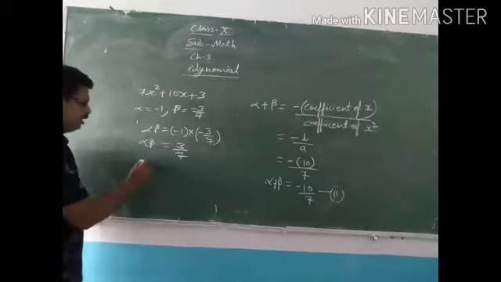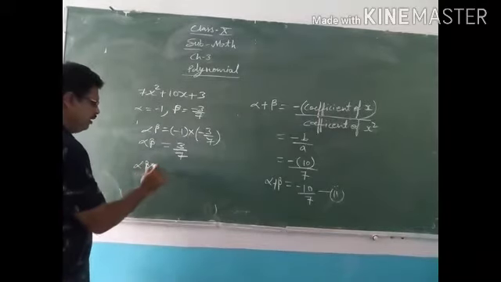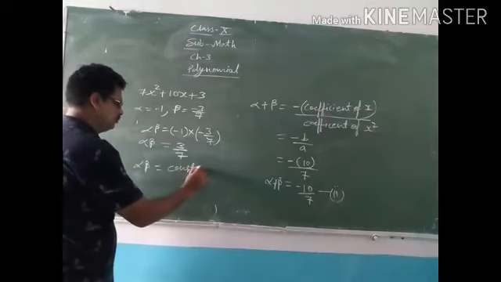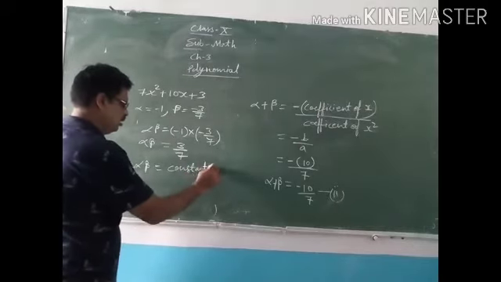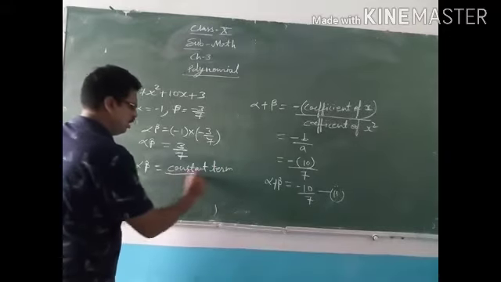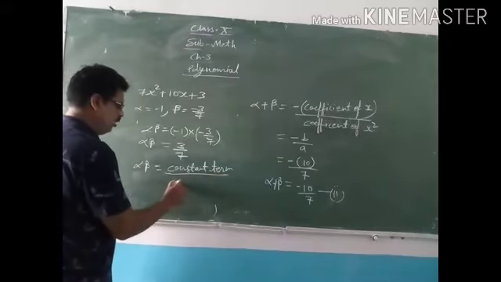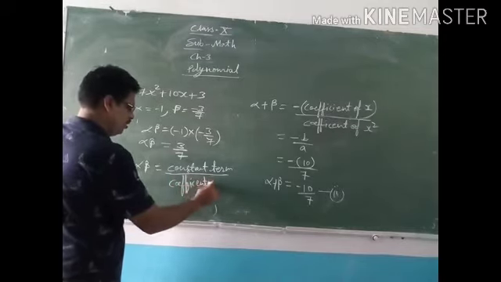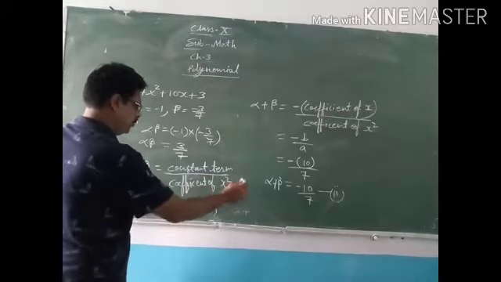And alpha into beta we can represent as constant term upon coefficient of x square.